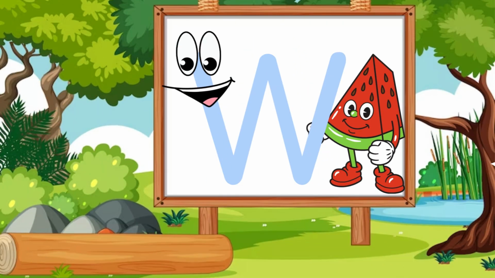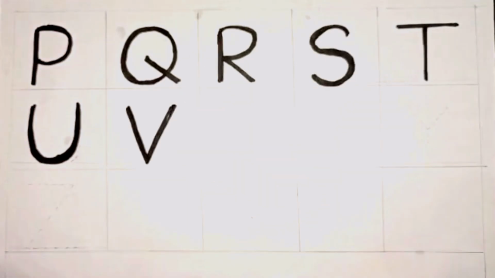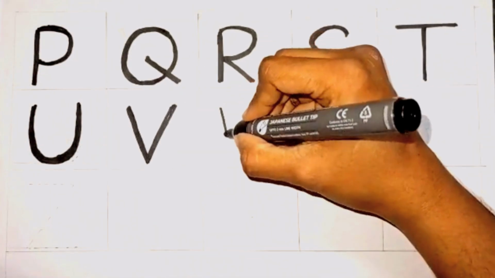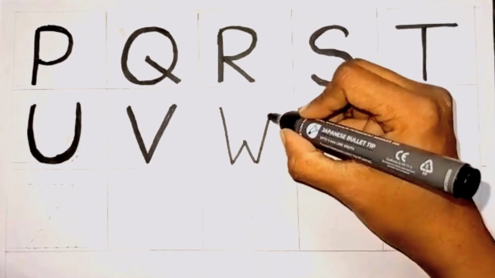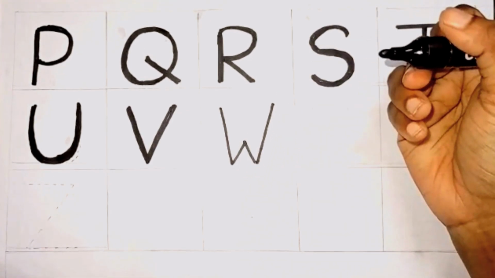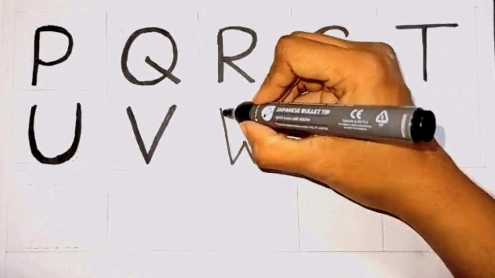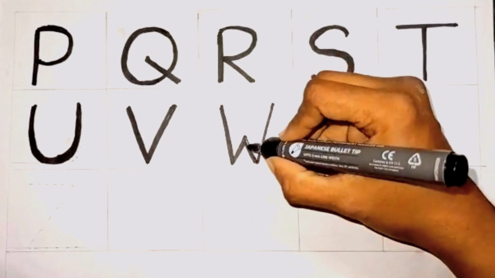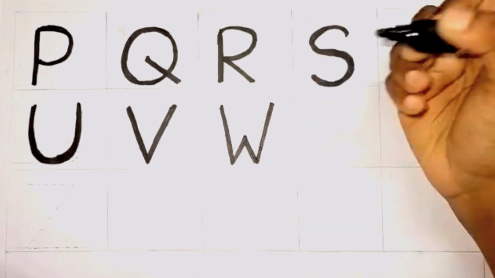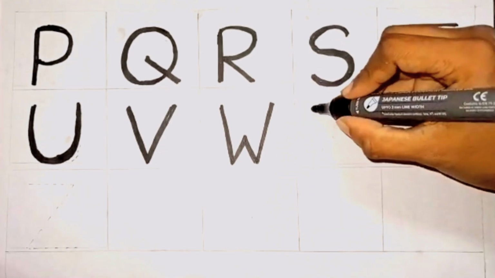Next is W. Your inverted M is your W. So you will start from one end, draw a slanting line, and then you take the slanting line inside like how you do for M, but from the bottom, and then you bring it out again and it goes to the other side.